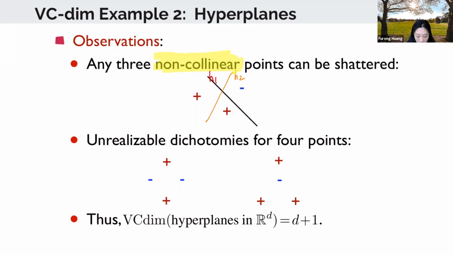So basically, you're characterizing how rich the lines are in terms of classifying my data into positive and negative examples.